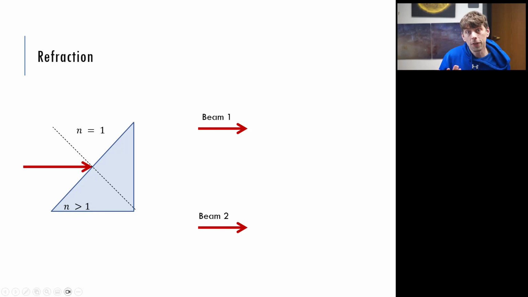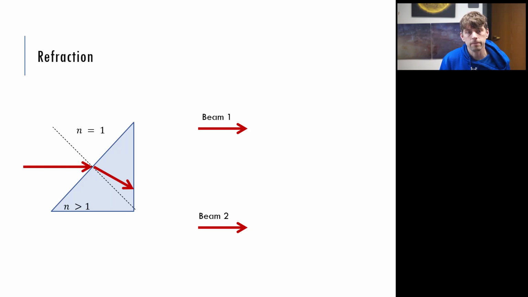Again, thinking about Snell's law, as a ray goes from air into a material that has a higher index of refraction, that means that the angle that the ray makes with the normal decreases. So according to Snell's law, the angle within the material is smaller than the angle in the air.